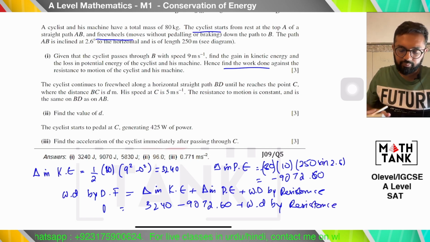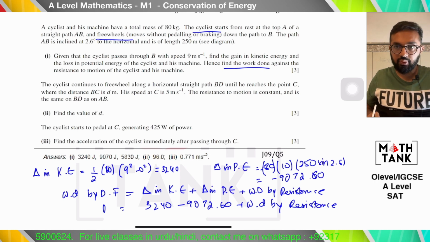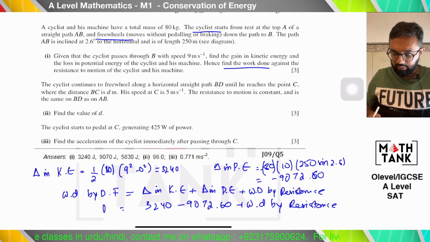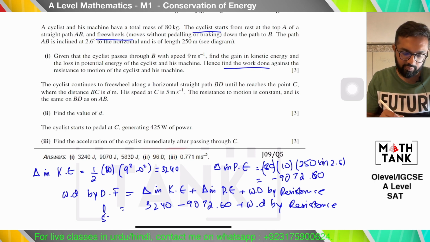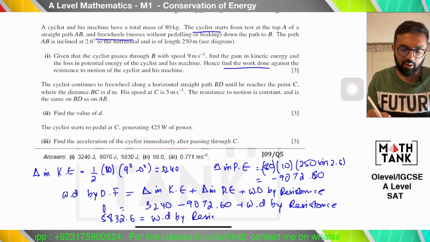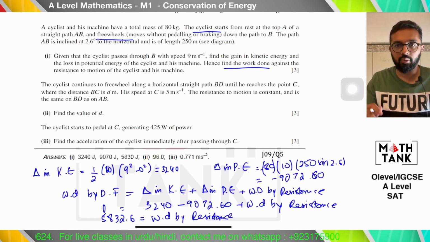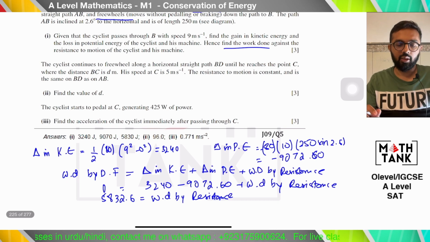So 3240 minus 9072.6, 5832.6, which is 5830 joules. I'm writing extra decimal places just in case I want to use it in the next question.